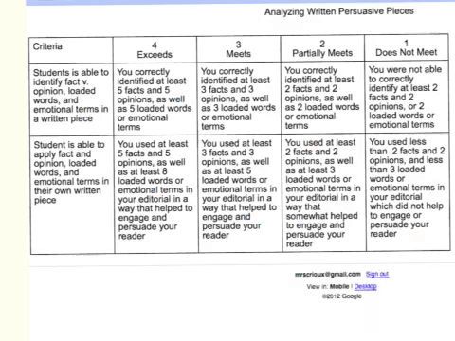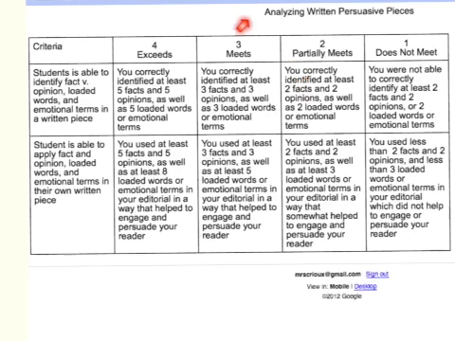At this point, the students would be introduced to the rubric of what they are going to be doing. Now that they understand the terminology in the rubric, such as fact versus opinion, loaded words, emotional terms, and they've seen how they can be used, they can understand the rubric in a way so that they understand where they are headed.